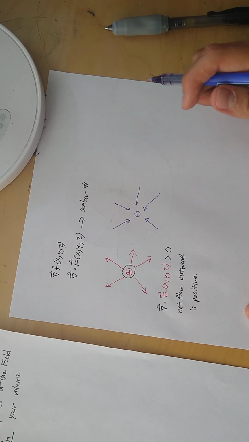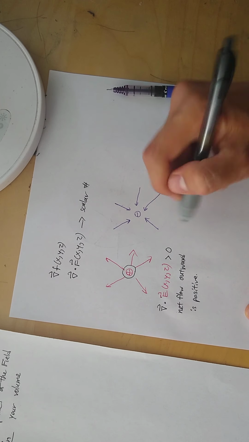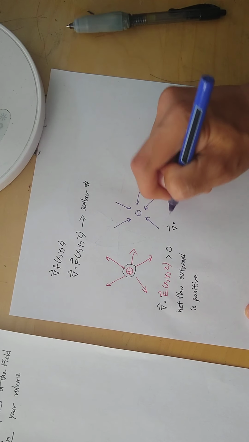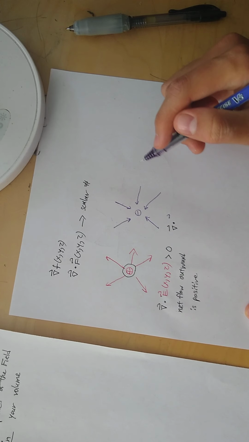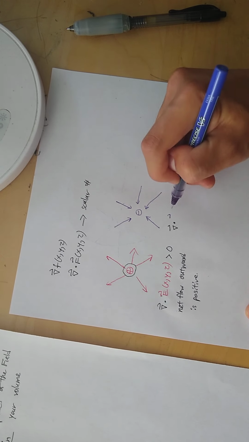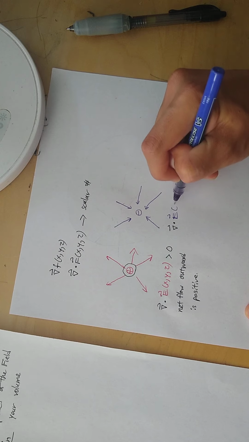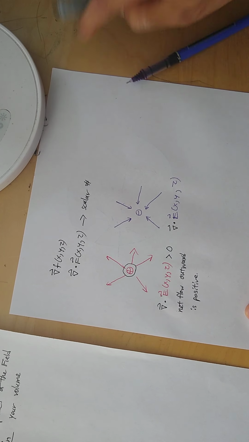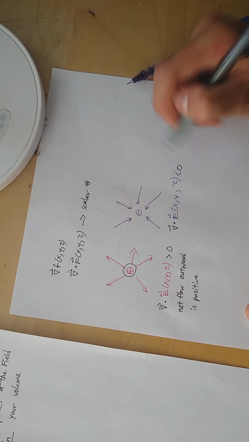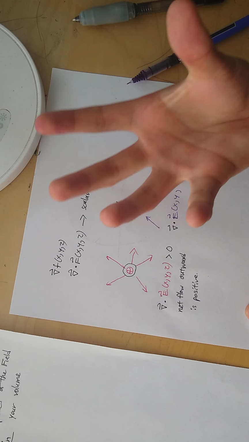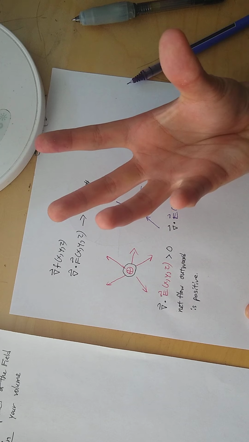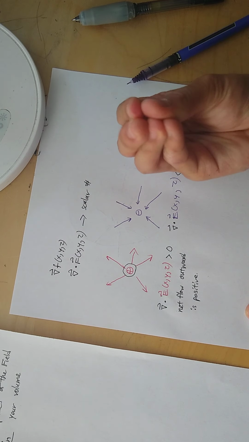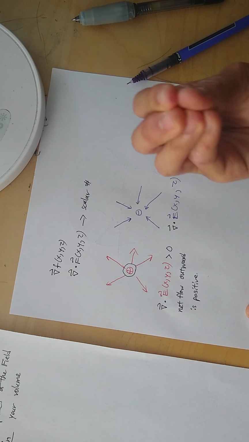Now, in the case of the negative charge, when you take the divergence of this electrical field, it doesn't have to be an electrical field. It could be any mathematical field. But when you take the divergence of this blue field, it's a number less than 0. What this means is that the net flow is negative, and so it flows inward. There's a net flow into that region of space.